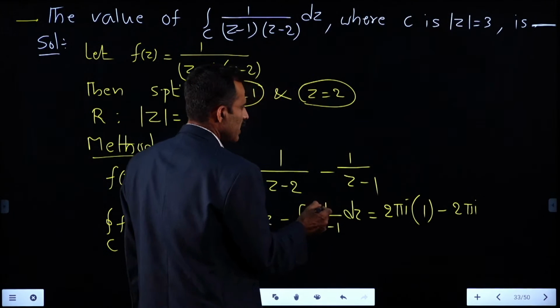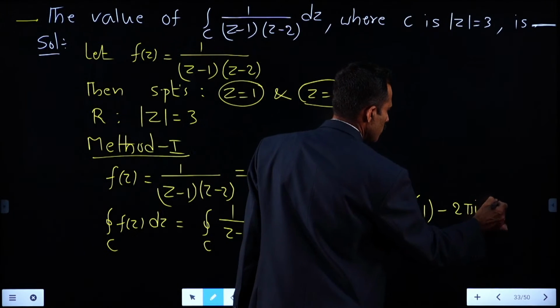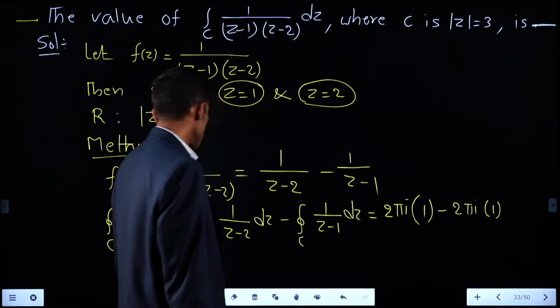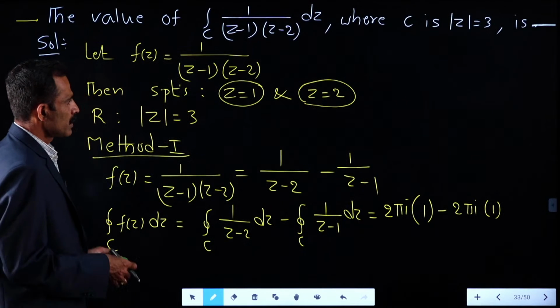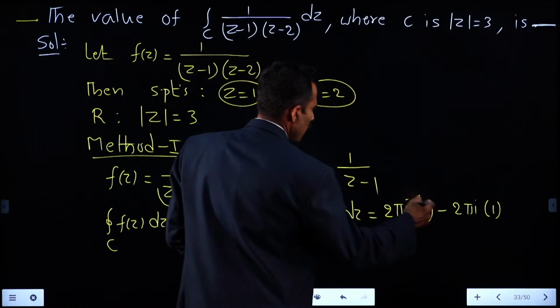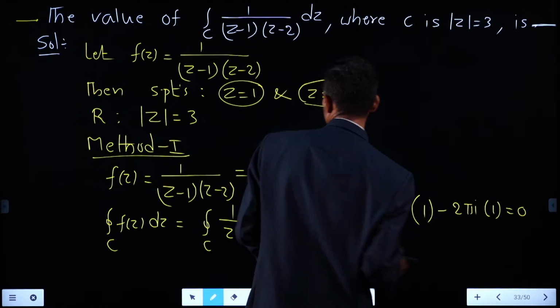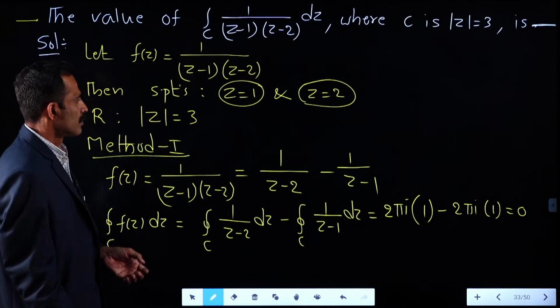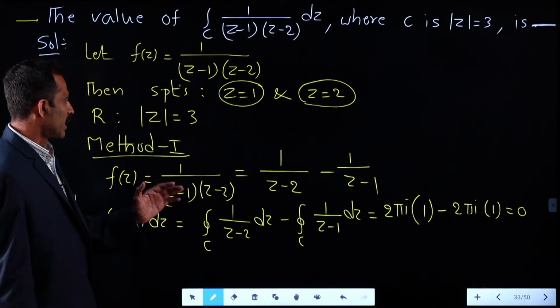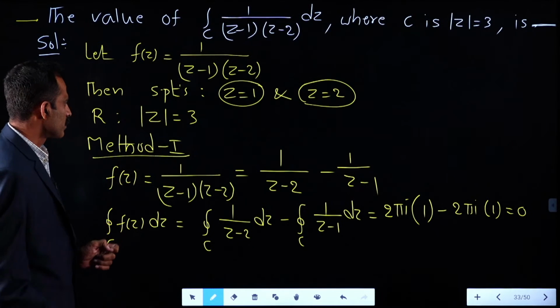Again here phi of z is 1, constant only. So 2 pi i minus 2 pi i, this is equal to 0. This is the value of the integral using partial fraction method only.